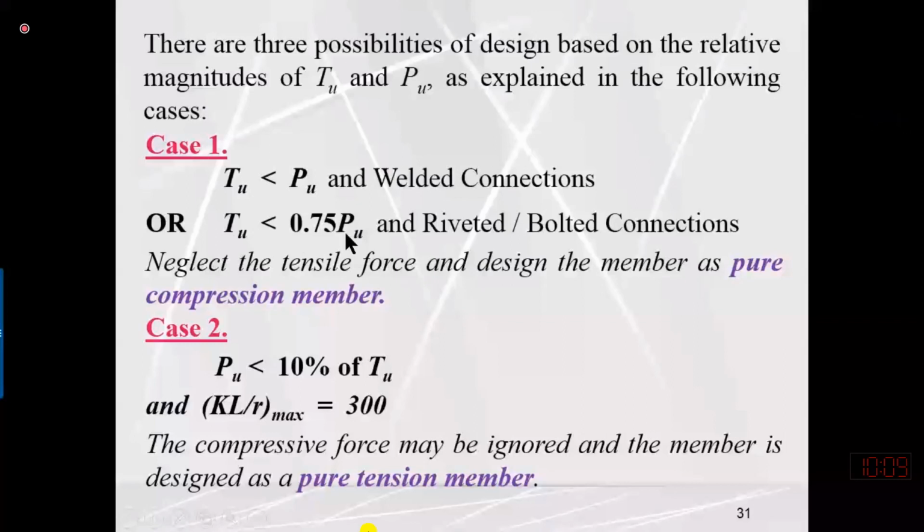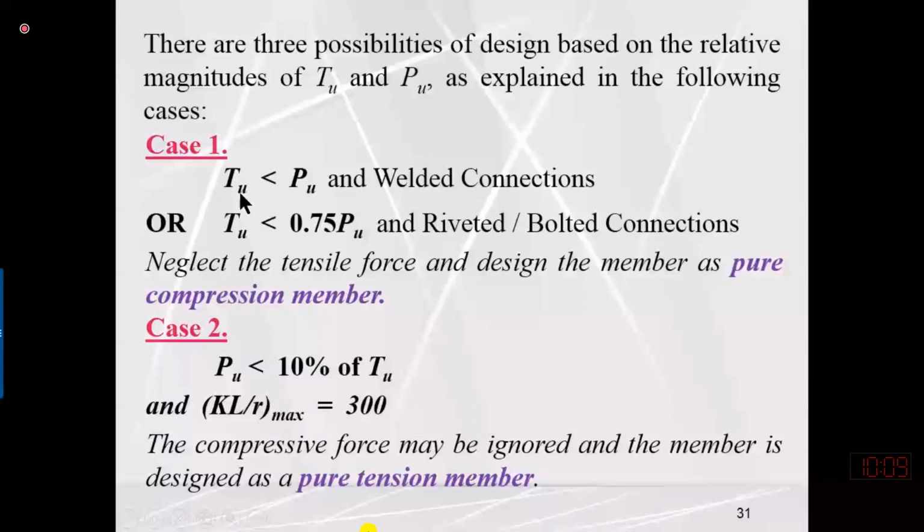Pure compression member means that we assume that the tensile forces are smaller, and if we are designing for the compressive forces, the same member will be sufficient to resist the tensile forces when it is subjected to them. So this member will be regarded as a pure compression member.